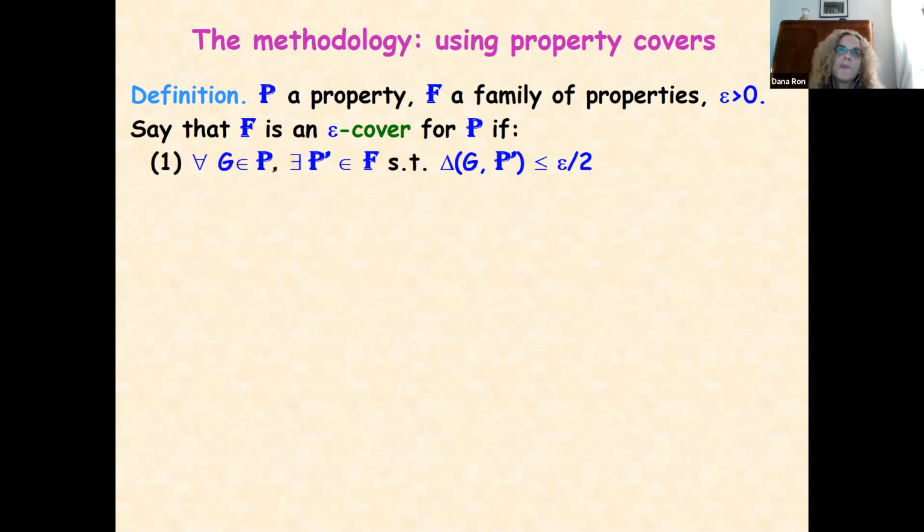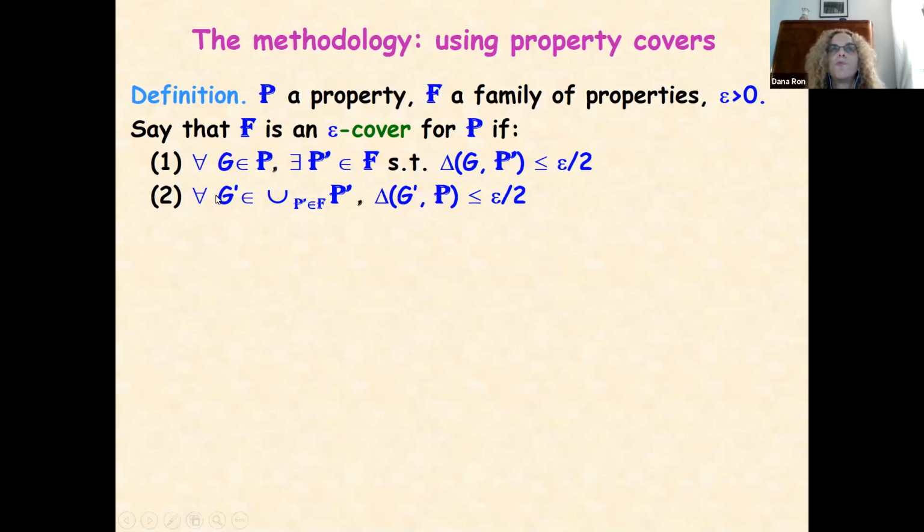The first thing we want the cover to have is that for every graph in the property, this is our property that we want to cover, there exists a property in the cover such that our graph is epsilon over 2 close to that property. And the other thing is in the opposite direction: for every graph G prime that is in the union of all these properties, we want it to be close to our property.